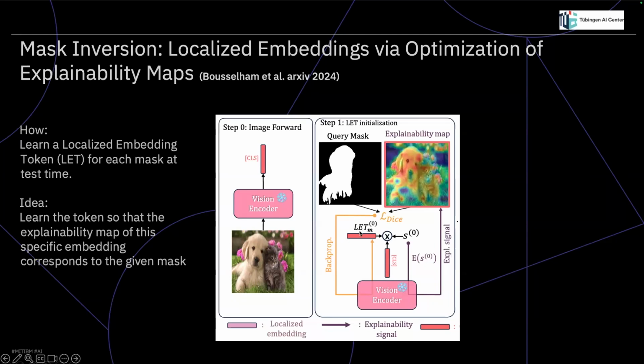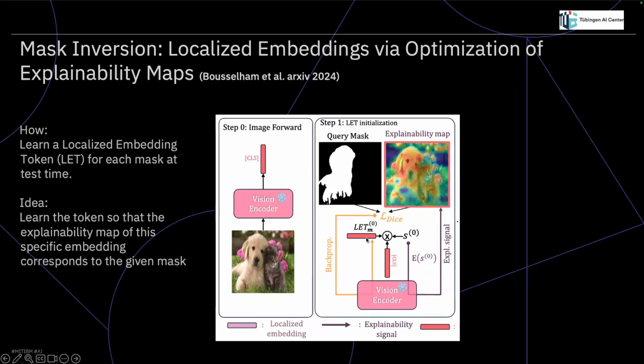Technically, we take this token, compute the score with respect to the class token, and get the explainability map of this token. In the beginning, obviously, this is all over the place because it's just the explainability map of the class token.